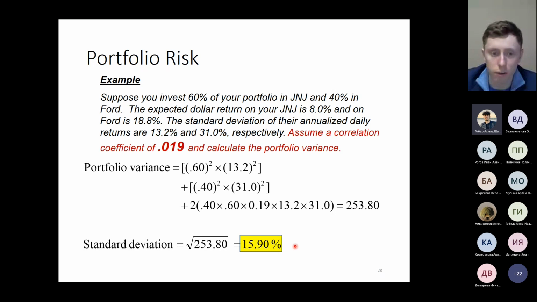So instead of having the risk which is a weighted average of those two, we have risk which is very close to the risk of Johnson and Johnson, which is 13.2, and here we have 15.9.